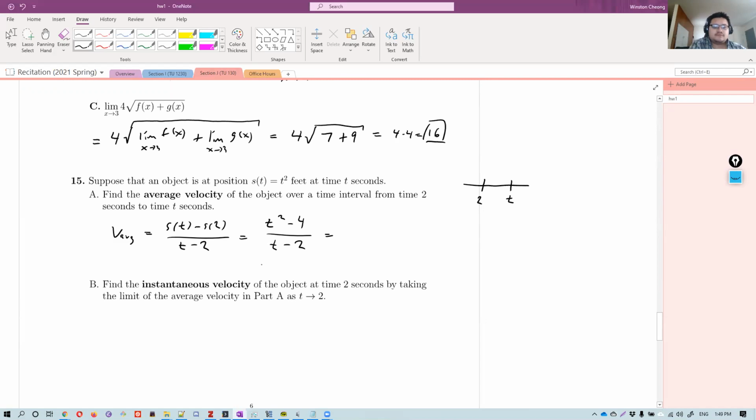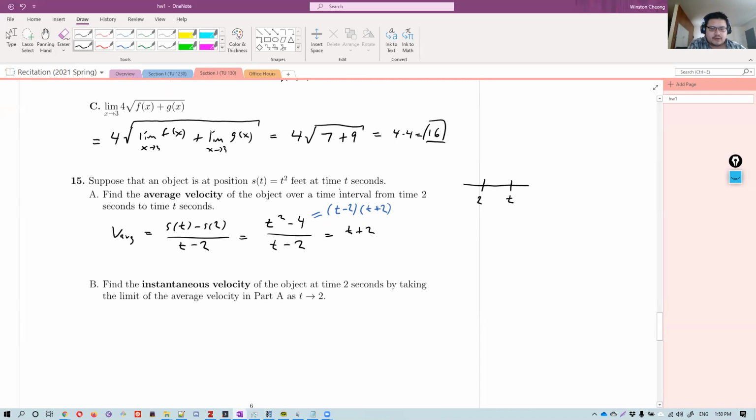But the t minus 2 and the t minus 2 can cancel out, so it'd just be t plus 2, right? Yeah, good. You're explaining every step. That's right. So the end result you get is t plus 2. And the reasoning is this guy factorizes. This is a difference of squares, a very common pattern that you see in algebra. So this factorizes as t minus 2 times t plus 2. And then you see that you can cancel the t minus 2's on top and bottom. The end result is this t plus 2.